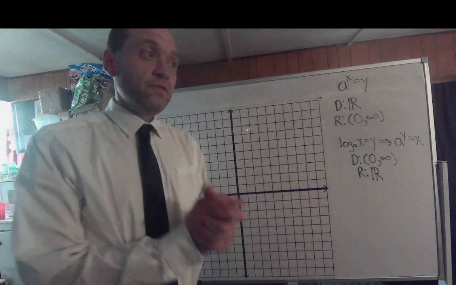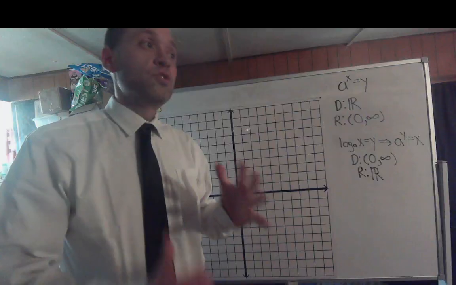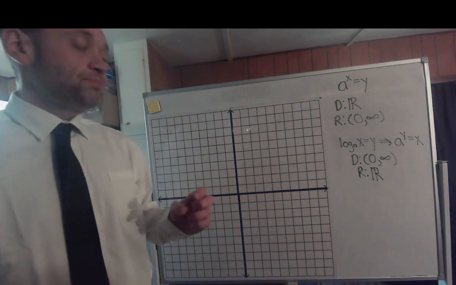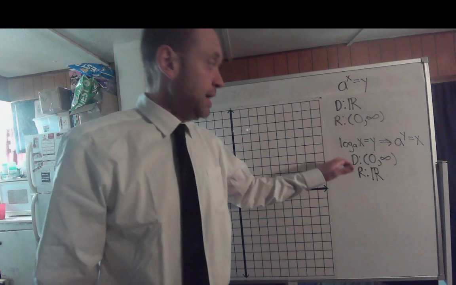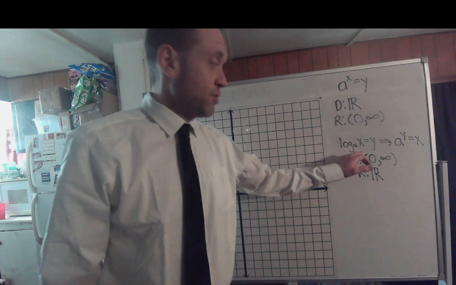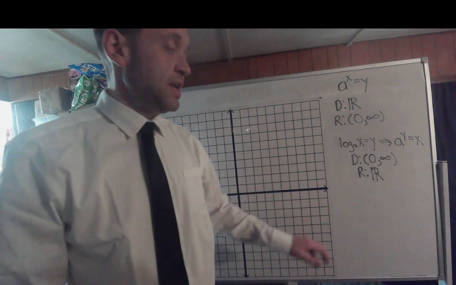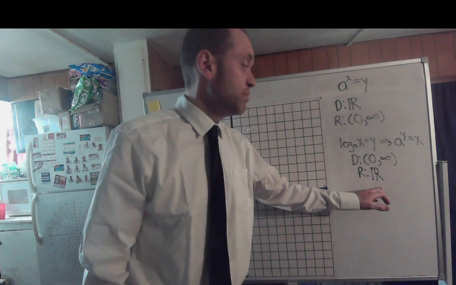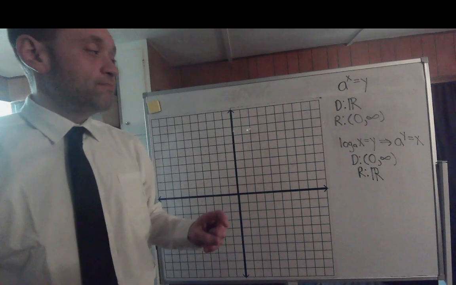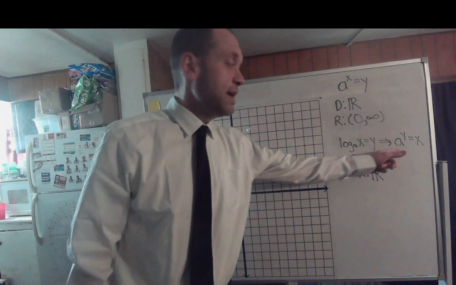In inverse functions, the domain and the range switch places. So your domain is going to be 0 non-inclusive to infinity, and your range is going to be all real numbers. I could take y to any power.